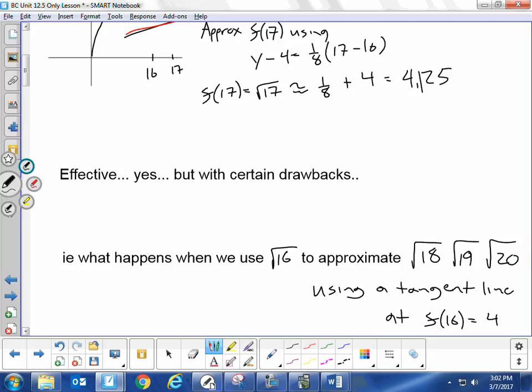What happens? What's the problem? Do we have problems, or are we good? What do you think, Miss Woolley? Yeah. The further away we get from the actual point, the less accurate we're going to be.